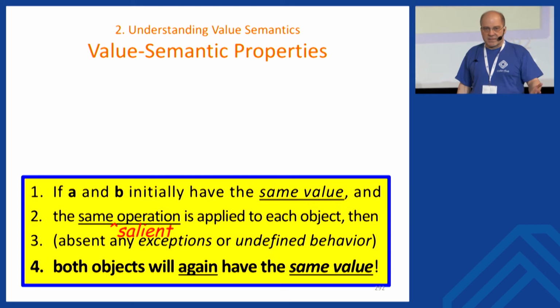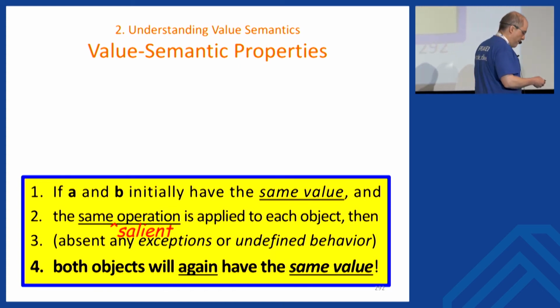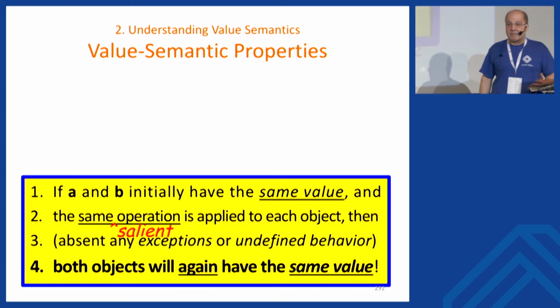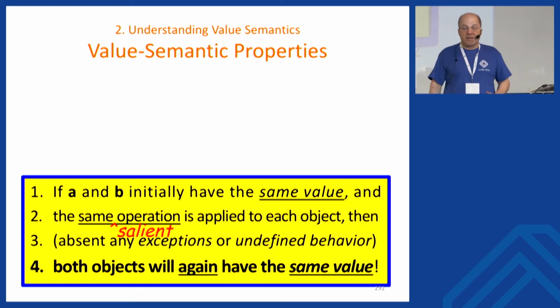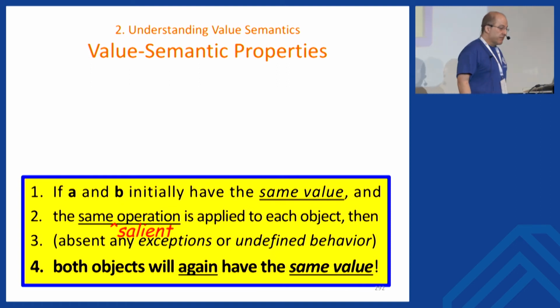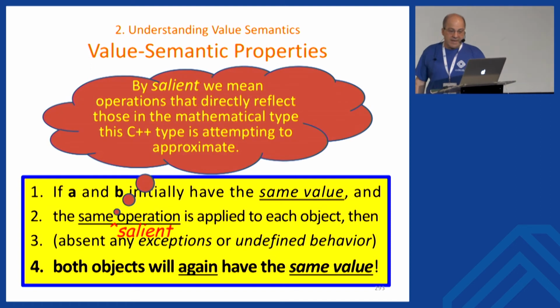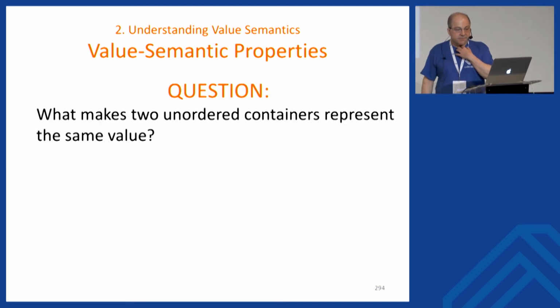It has nothing to do with the hash part. That's not salient. And so there are a lot of operations on unordered set and unordered map that you can do to distinguish them, but that does not mean that they don't represent the same value, and iteration order may or may not be salient. If you have an unordered container, iteration order is not salient. If you have an ordered container, iteration order is salient. Things like that. Okay.